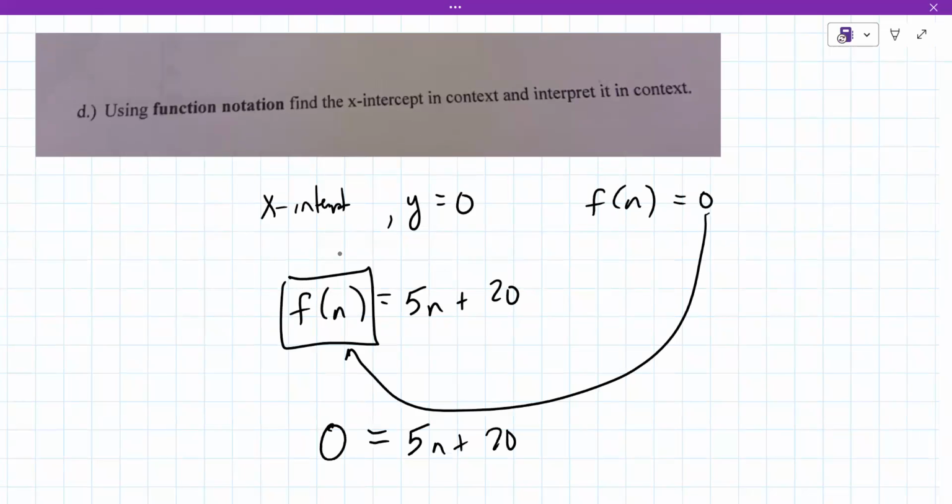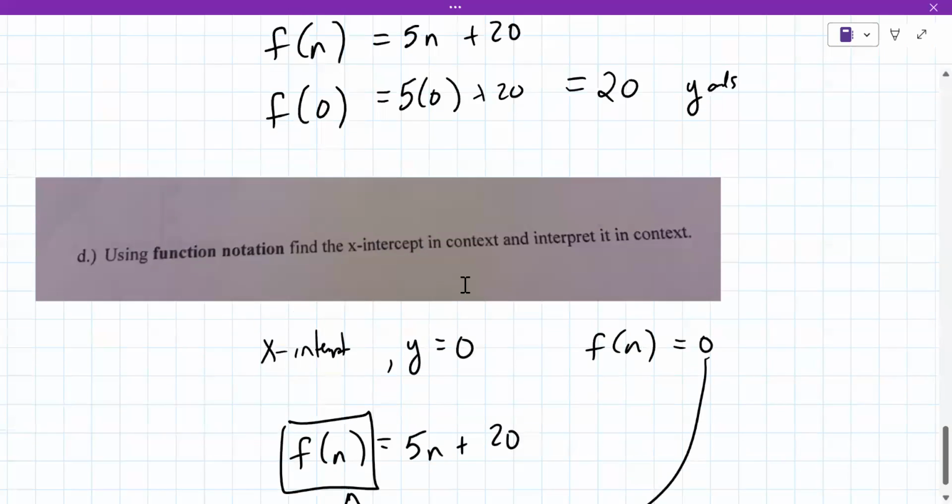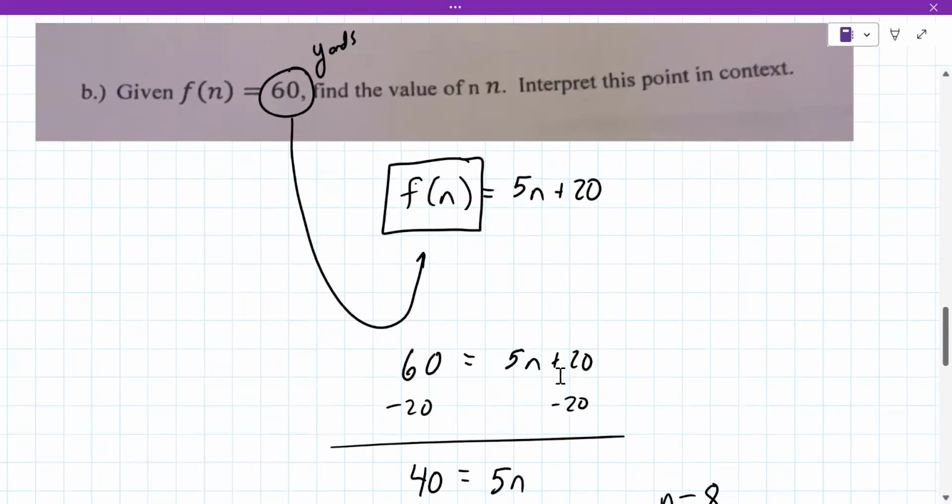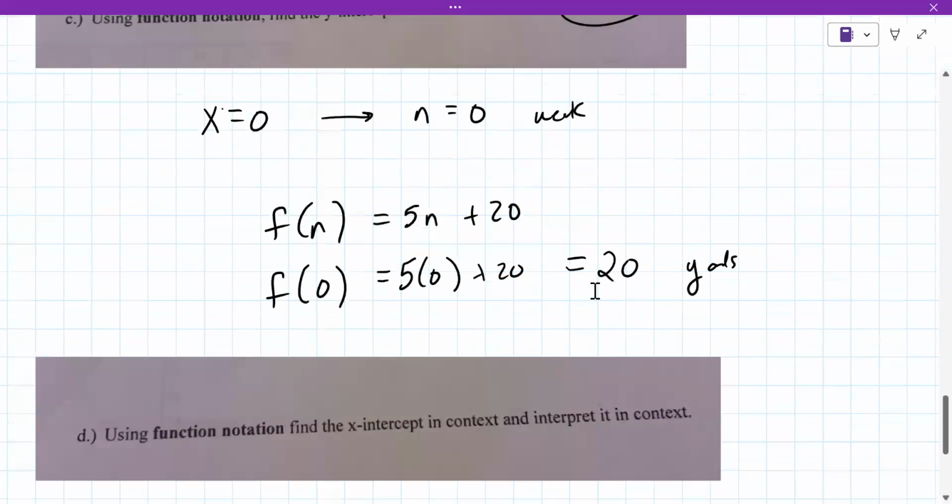Okay, so could you solve this for us, please? It's a lot like letter B. Would you start out with subtracting 20 or dividing by 5? What did we do in B to solve it? We started out subtracting. Yes, you subtract 20 from both sides. You should do the same in this problem.